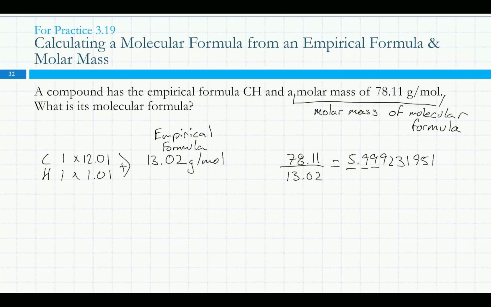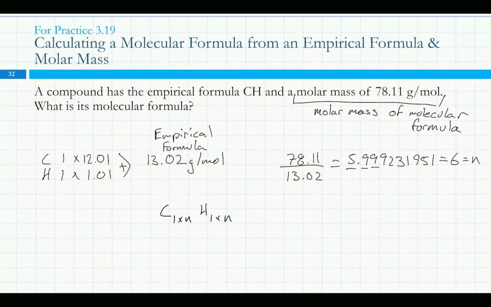Now, in this case, just knowing what we're trying to do, we're calculating this factor that we need to multiply. Really it's carbon, which is 1, and we'll multiply it by n, and then hydrogen, which right now is 1, and we'll multiply that by n. We're trying to figure out what n is, because we can't have partial atoms.